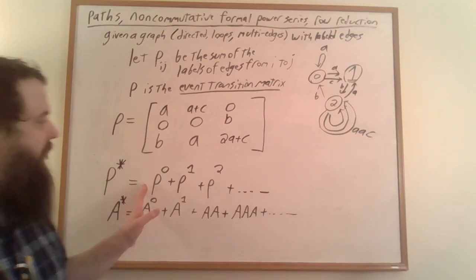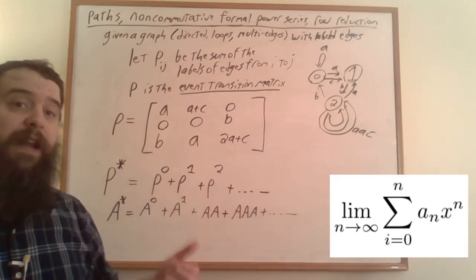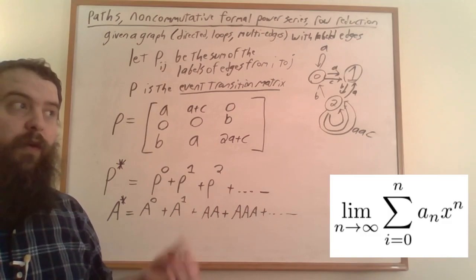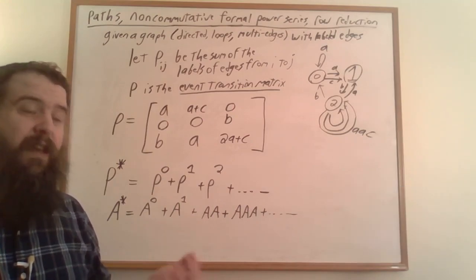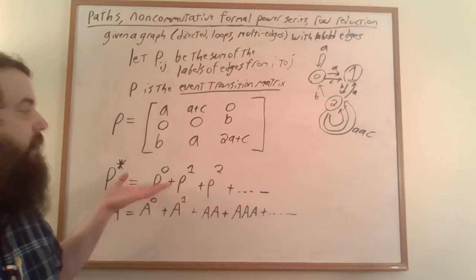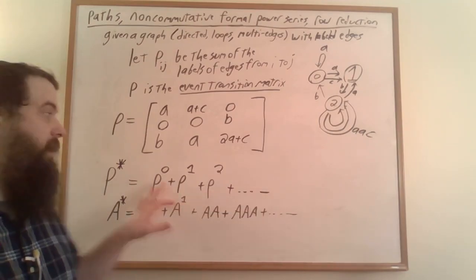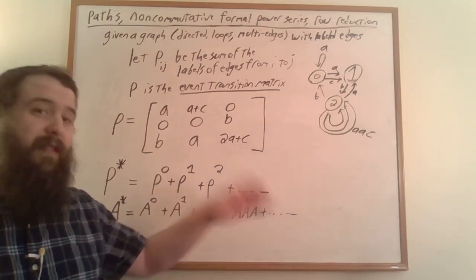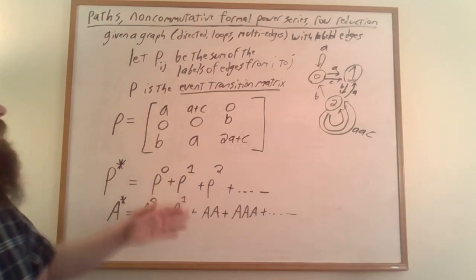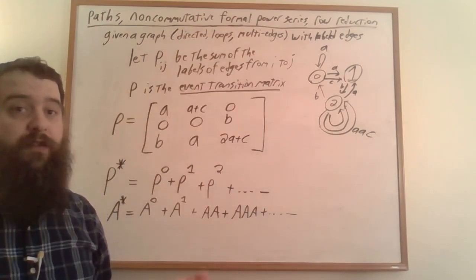Right? Instead of looking at an actual infinite sum, we're looking at the limit of the finite partial sums. And so we're really concerned about limits, and so we need to have some sort of notion of distance to allow us to define a notion of limit on this particular space in order to be able to make sense of infinite sums. There is a notion of limit on this particular space that allows these particular sums to converge, but let's not worry about that. Let's just consider formal power series where we don't worry about whether our series converge or not.